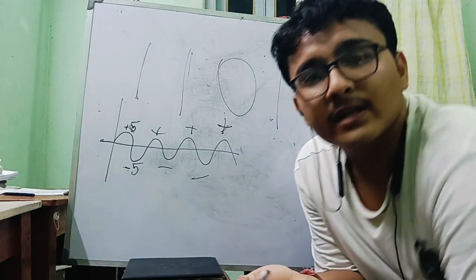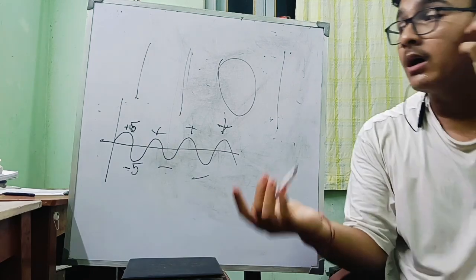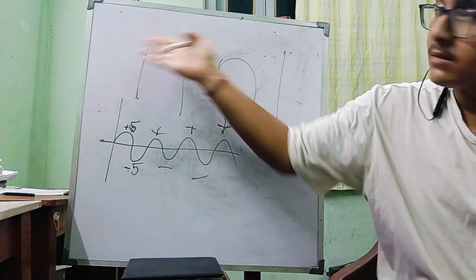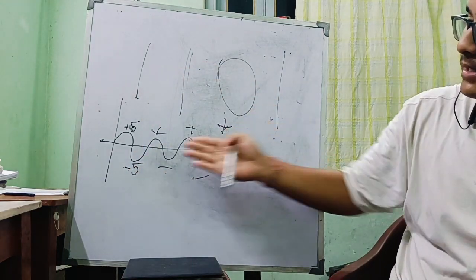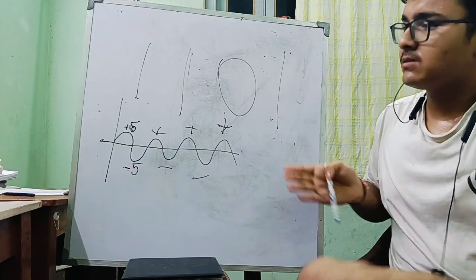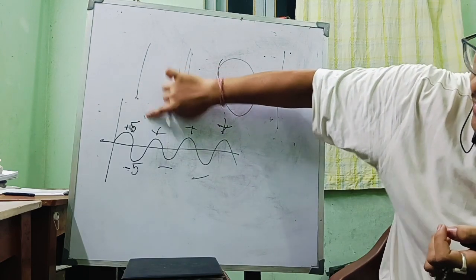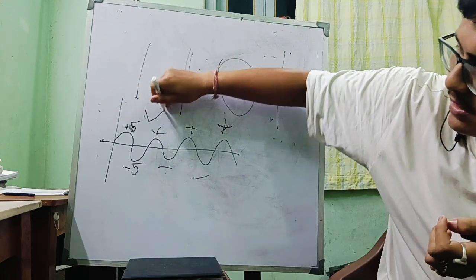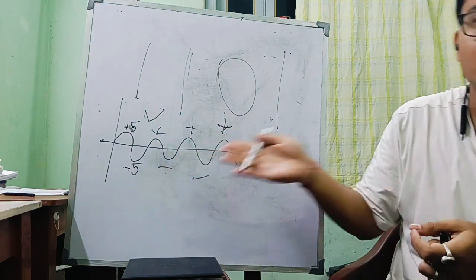Plus 5 equals 1 and minus 5 equals 0. All of this stuff is just plus and minus 5 volts. Volts is the V thing, if you have read about electricity. And this is the 1s and 0s.